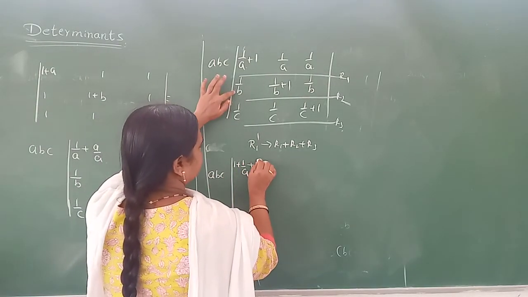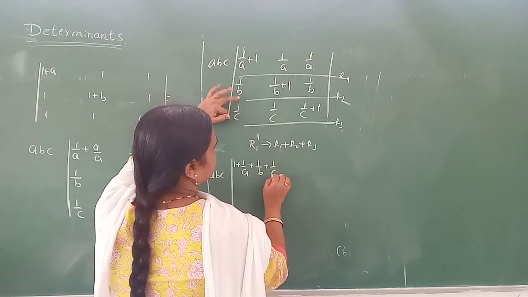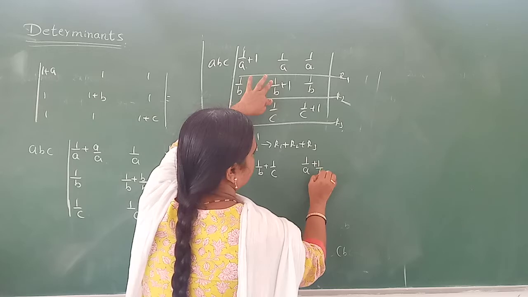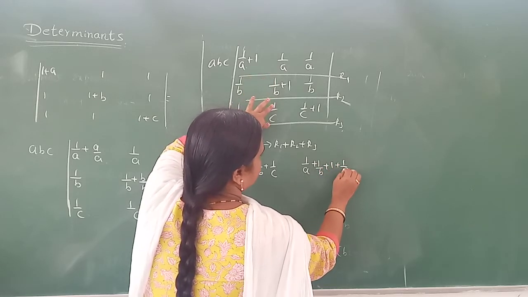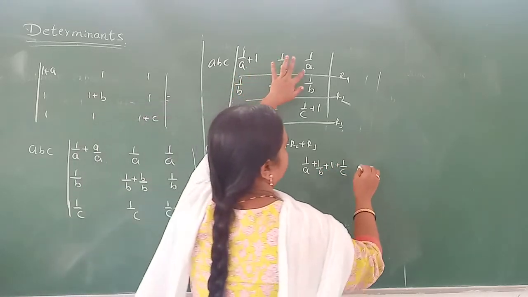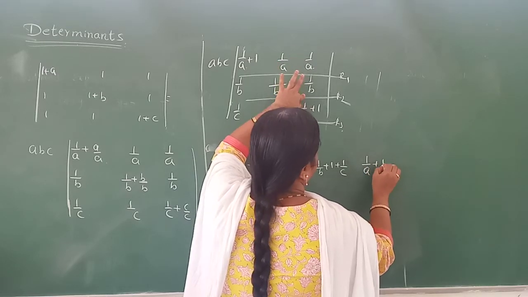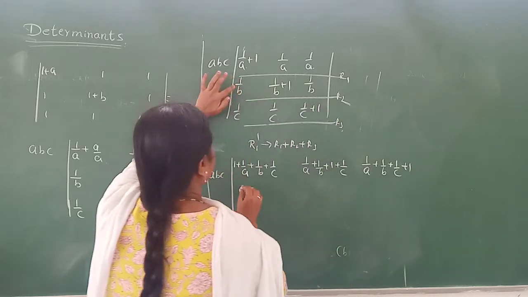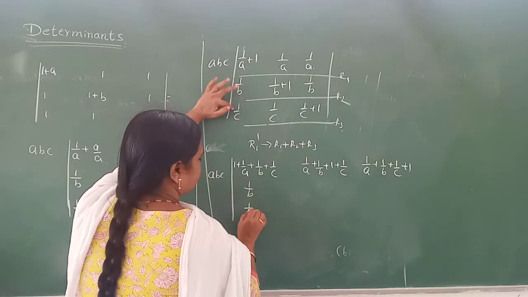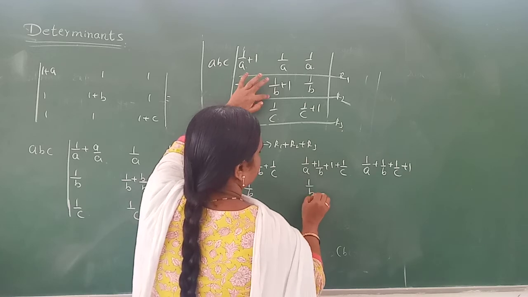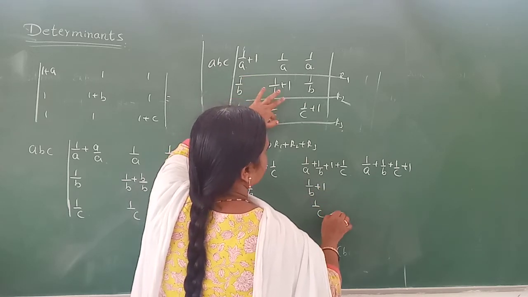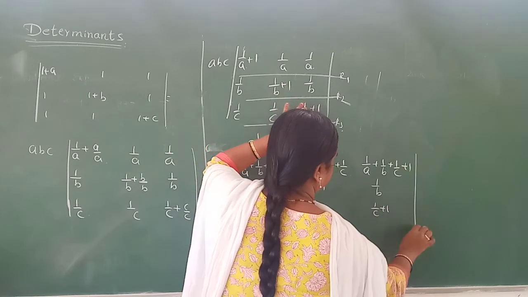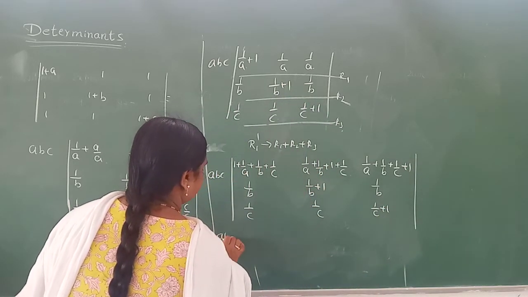Next 1 by B, 1 by C. Next 1 by A plus 1 by B plus 1 plus 1 by C. Next 1 by A, 1 by B, 1 by C plus 1. Next 1 by B, 1 by C. Next 1 by B plus 1, 1 by C. Next 1 by B, 1 by C plus 1.